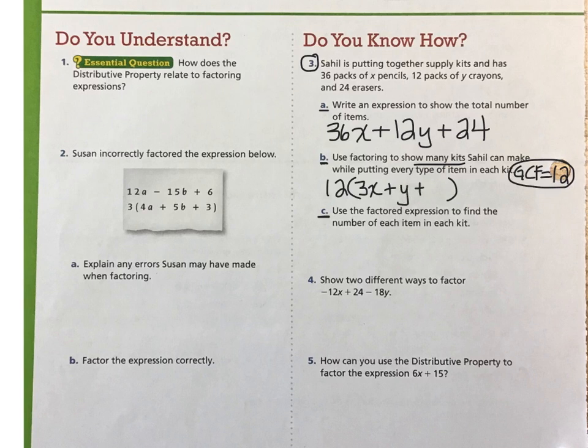In other words, what number is in front of that y? Well, that would be a 1, and we'll get to that in part C. And then what do I multiply by 12 to get 24? And that number is 2. So 12 times 3x makes 36x. 12 times y makes 12y. And 12 times 2 makes 24.